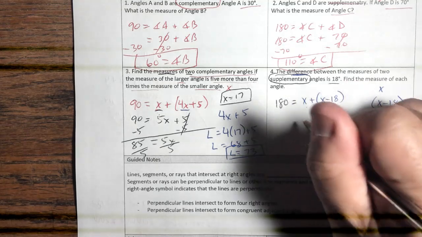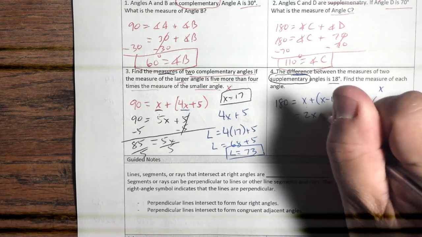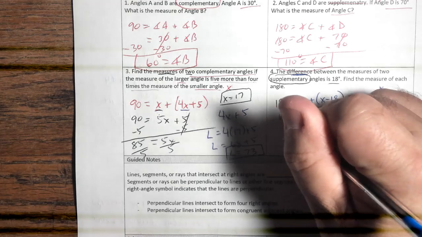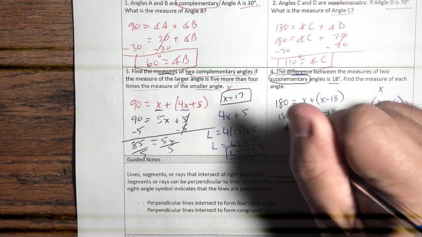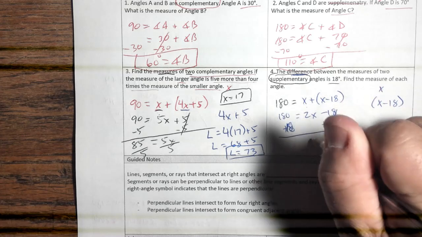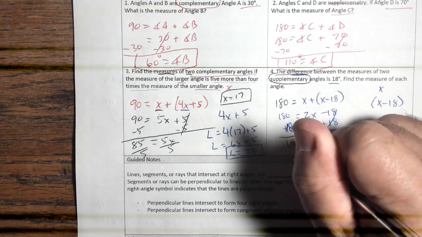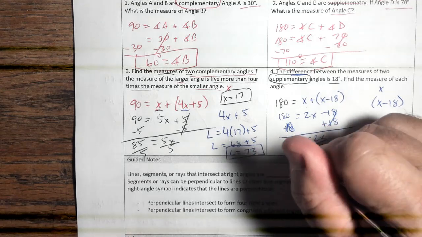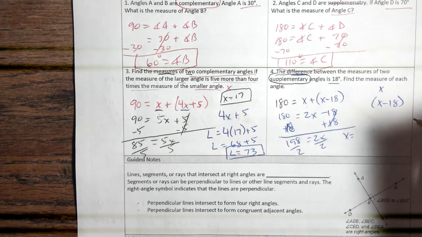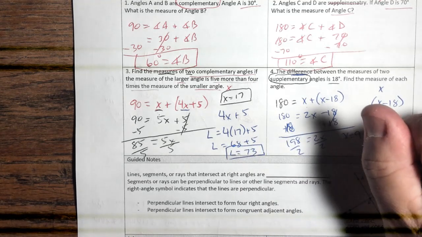You have an x and an x, so let's go 2x. And I add the 18 to both sides. 2x equals 198. Divide both sides by 2. X will equal 99.